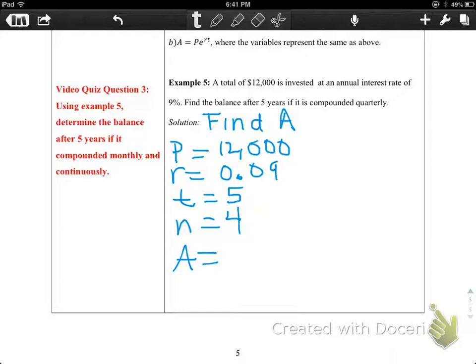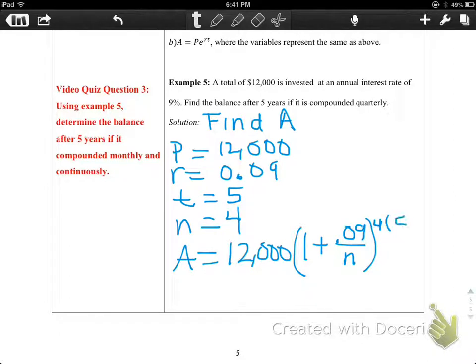All right, so A is equal to 12,000, using our formula, times 1 plus 0.09 over n, raised to the n times t, with 4 times 5.